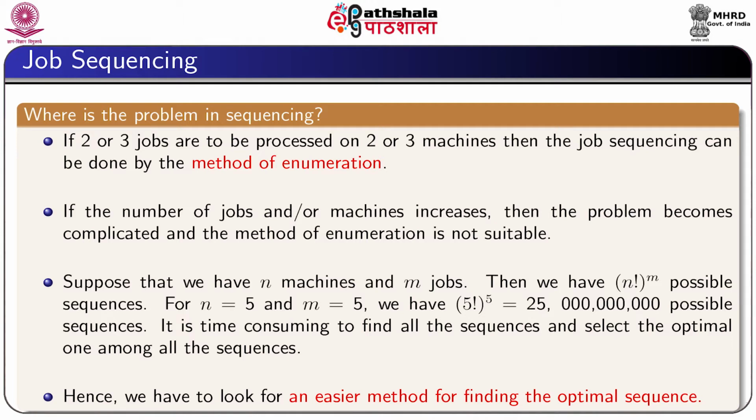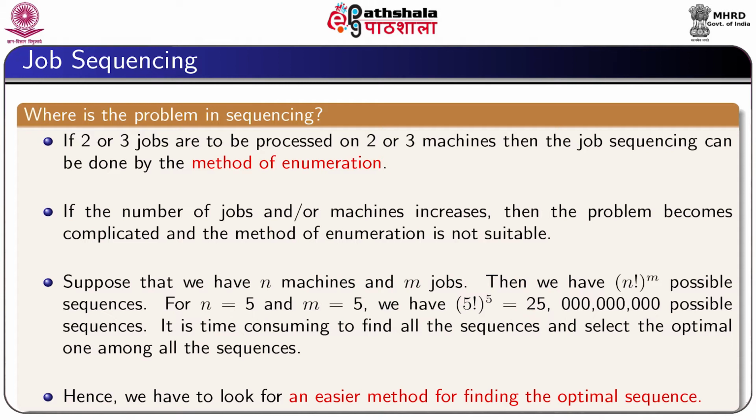As you know, if we have n machines and m jobs, then we have (factorial m) to the power n possible sequences. For n equal to 5 and m equal to 5, we have clearly (factorial 5) to the power 5, that is, 25 into 10 to the power 9 possible sequences.